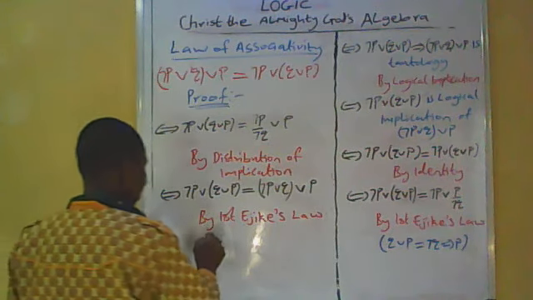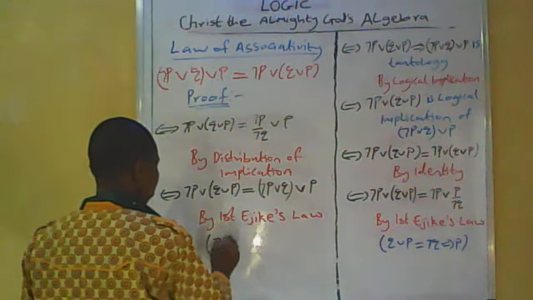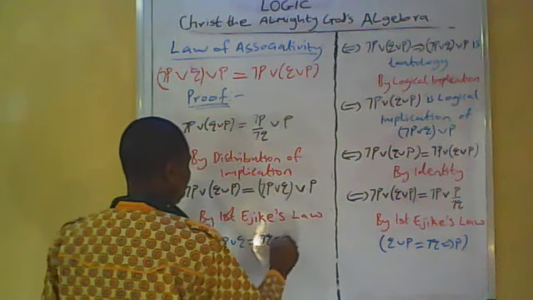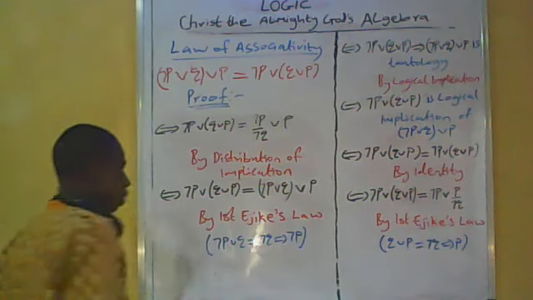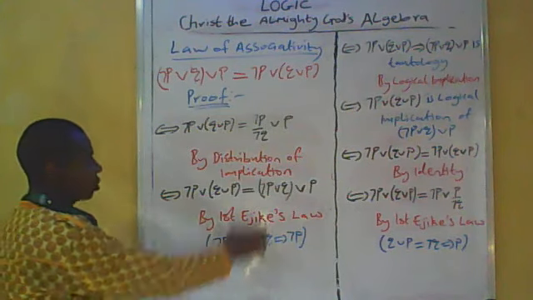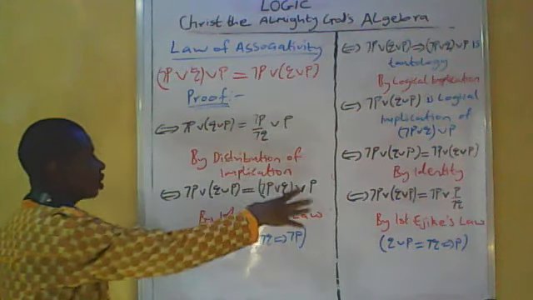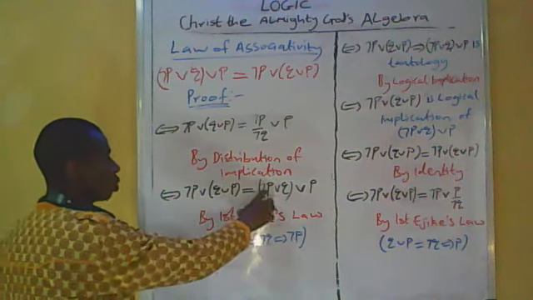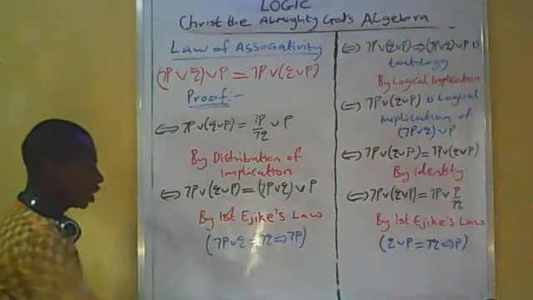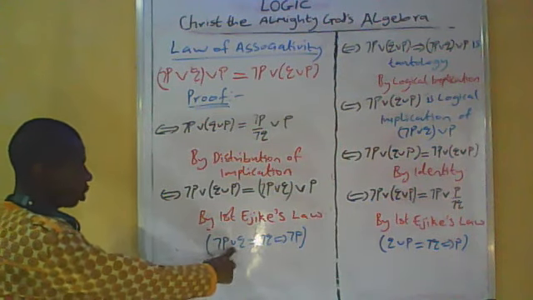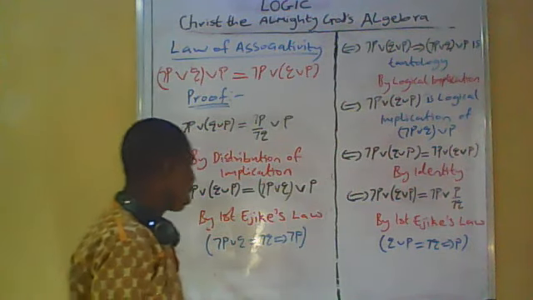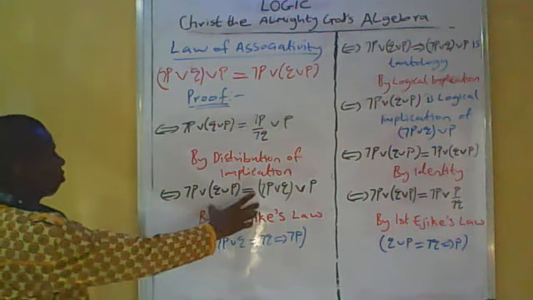That is to say that not P or Q is equal to not Q implies not P. So not P implies not Q is logically equivalent to not P or Q, by the first implication law.